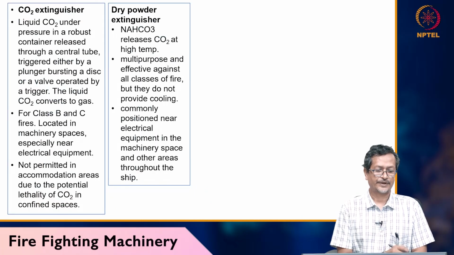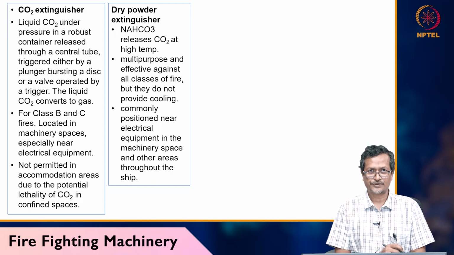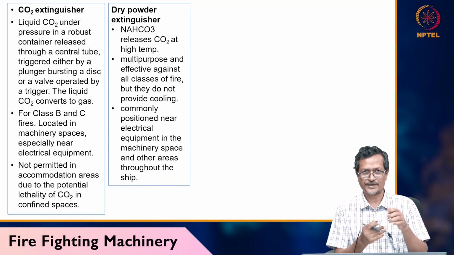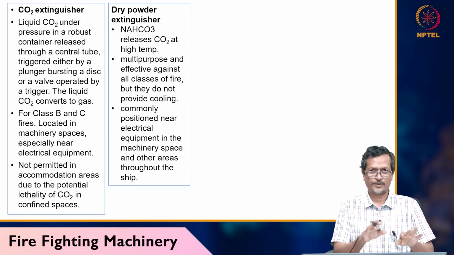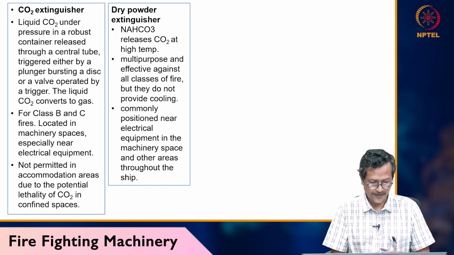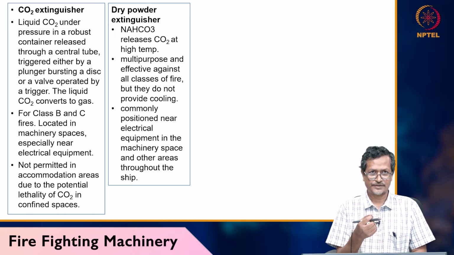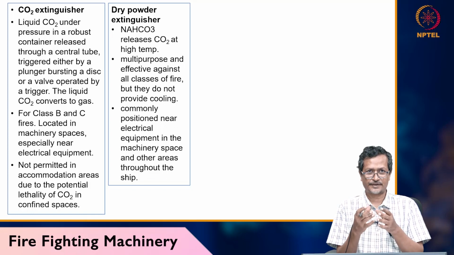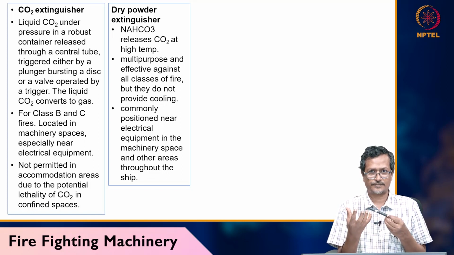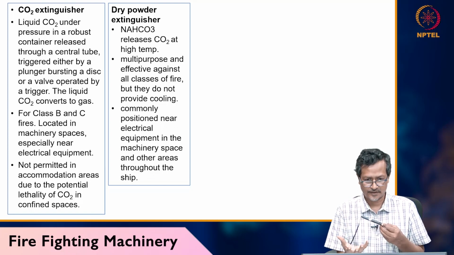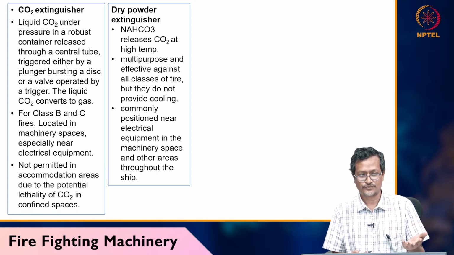Carbon dioxide extinguisher: liquid carbon dioxide at high pressure is kept inside a cylinder, and when you purge or create a small leak, liquid carbon dioxide will be coming out, and because of low pressure it will be expanding, okay. When it is expanding, it will be covering the whole fire area and cutting the oxygen supply. And again, when liquid carbon dioxide is evaporating, it will be creating cold carbon dioxide gas. So, it will take lots of heat also.